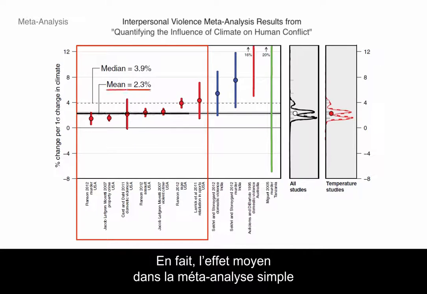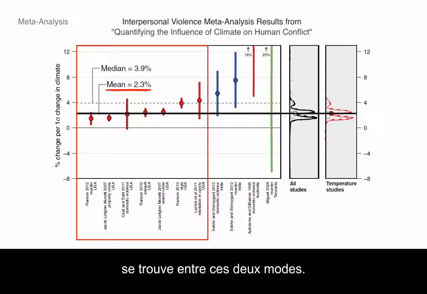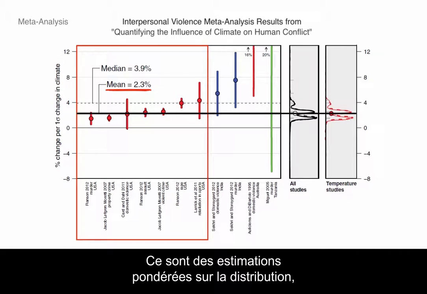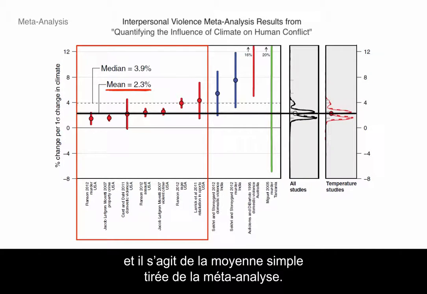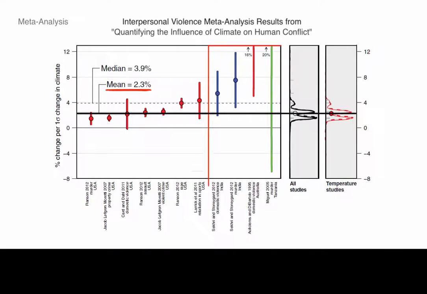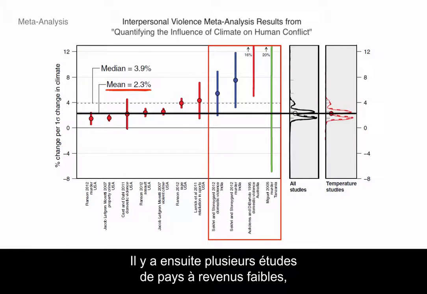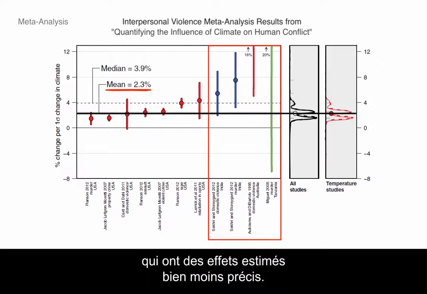So actually the average effect in the simple meta-analysis lies in between these two modes. So these are the distribution-weighted estimate, and then this is the simple average from the meta-analysis. Then there's a bunch of studies from low-income countries that have much less precisely estimated effects.